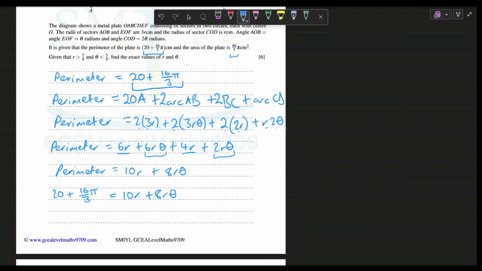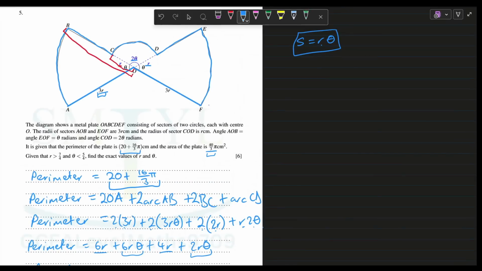And we can leave this equation here for now, and then we can do the same for area. So the area of the plate is going to be equal to, I'm just going to delete these lines here. We've got this sector, the sector AOB, looks like this, and like that.